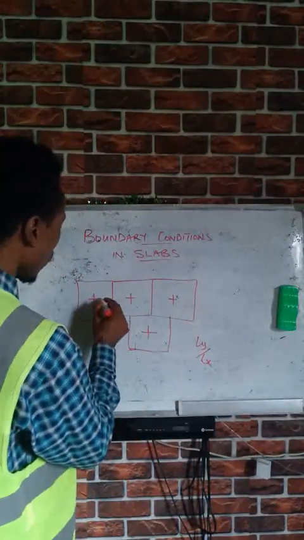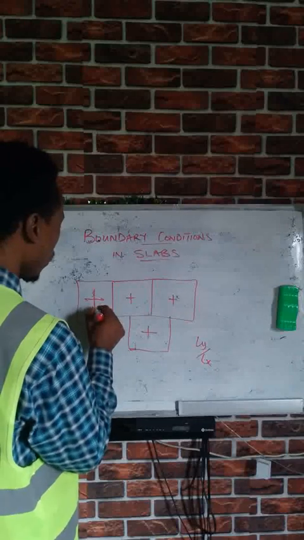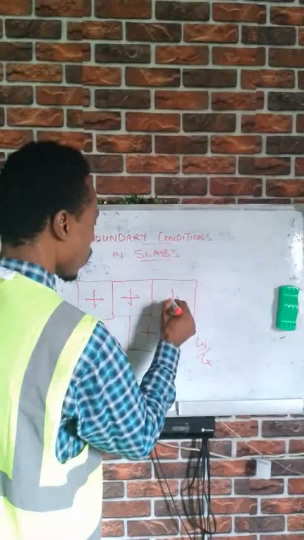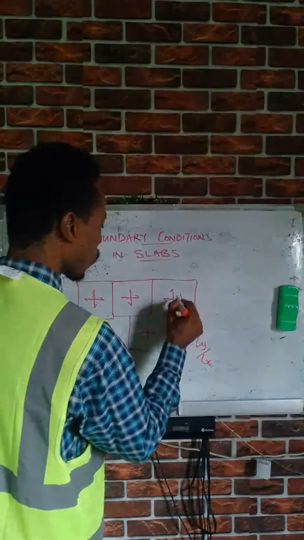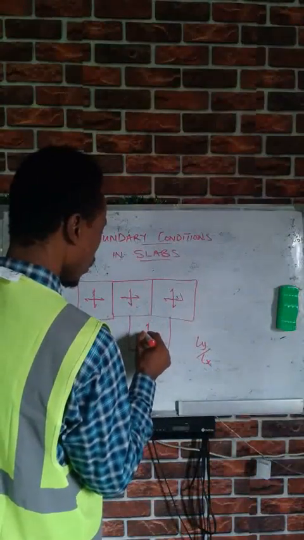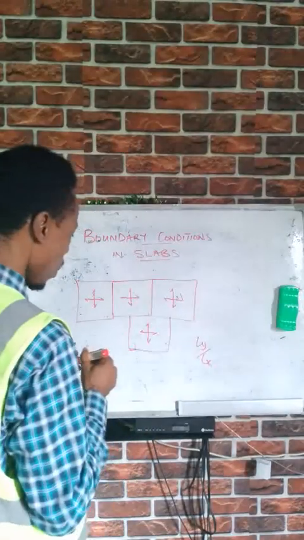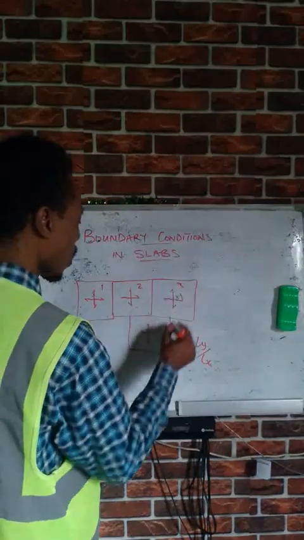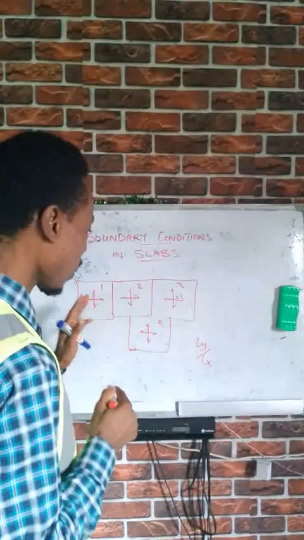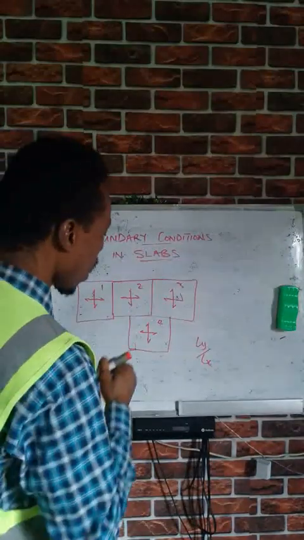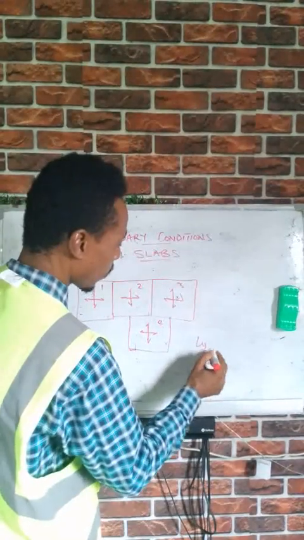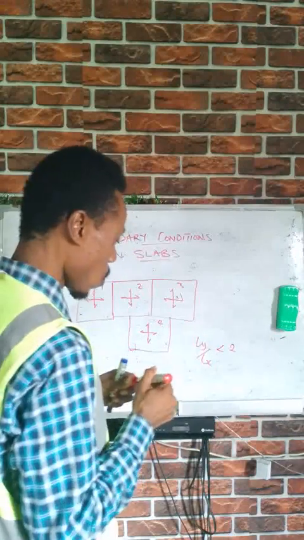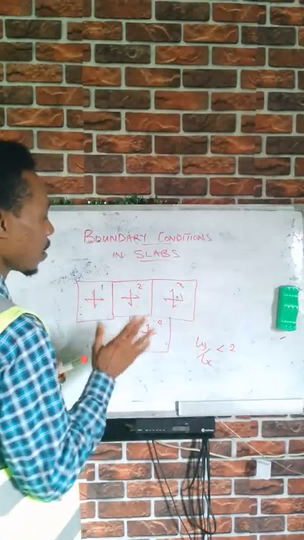When you have this symbol in your slab, it is an indication that it is a two-way spanning slab, so you take note of it. We assume that these four panels, panel 1, 2, 3, 4, are all two-way spanning slabs. For it to be a two-way spanning slab, your Ly/Lx ratio is less than 2. Once it's less than 2, such a panel is a two-way spanning slab.